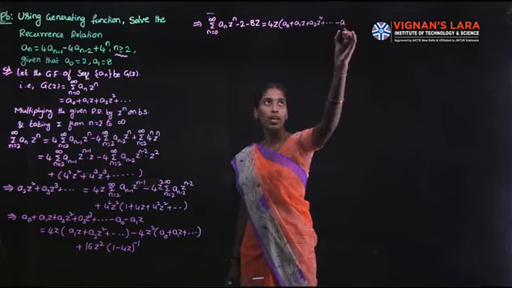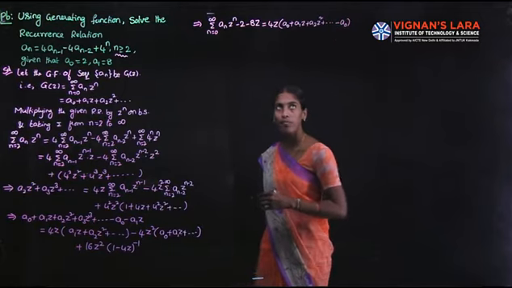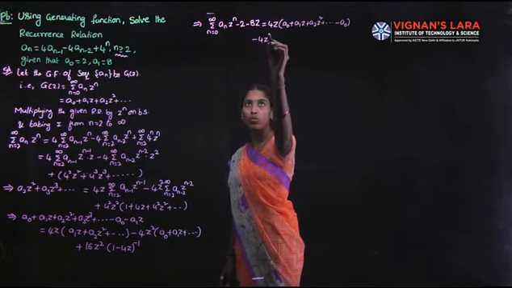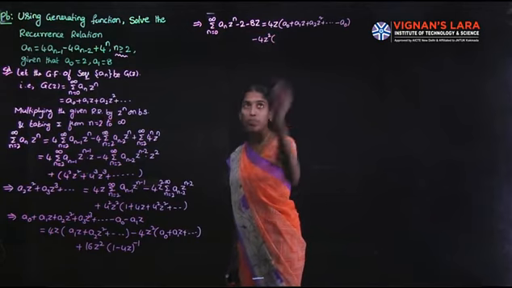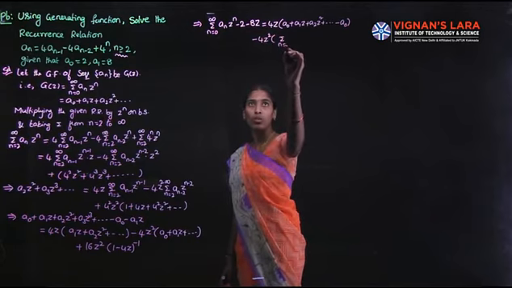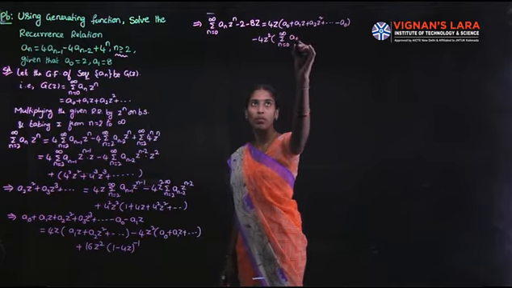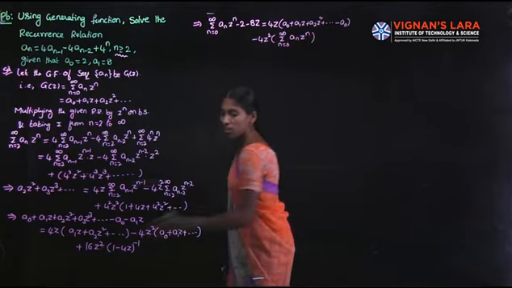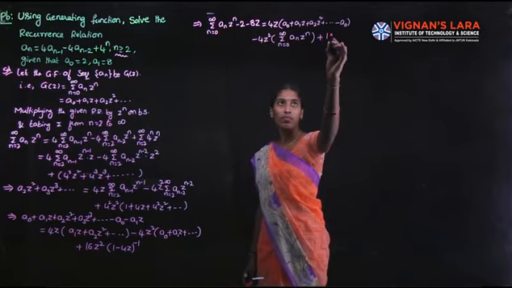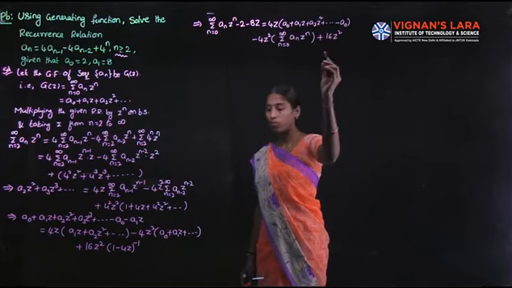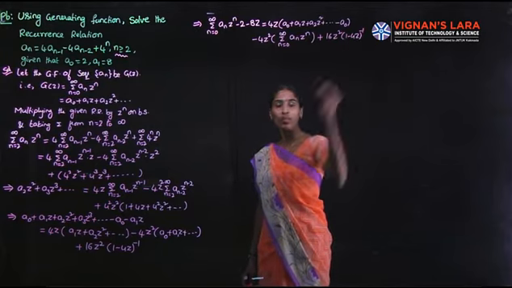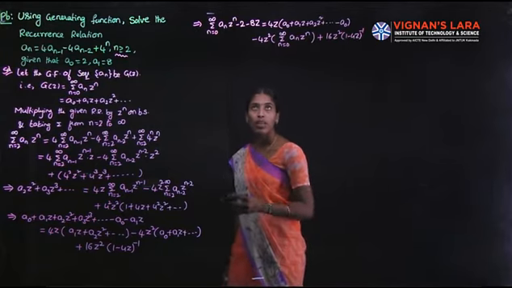So subtract a0, minus 4z^2 into sigma n equal to 0 to infinity a_n z^n, plus 16z^2 into (1 - 4z) inverse, right?